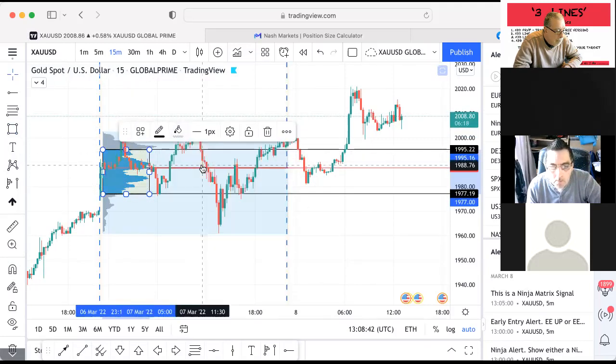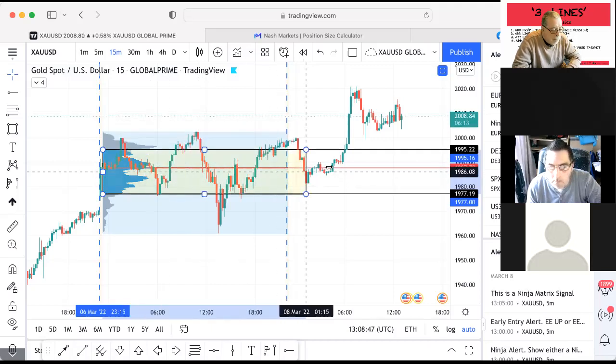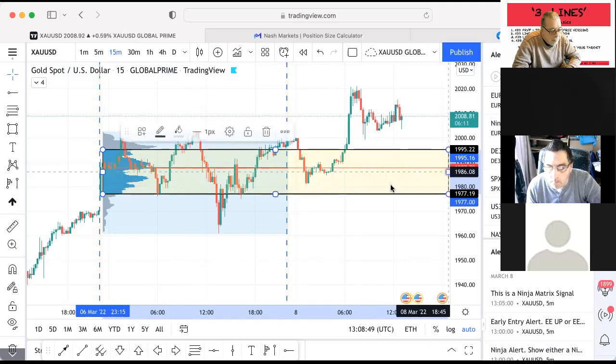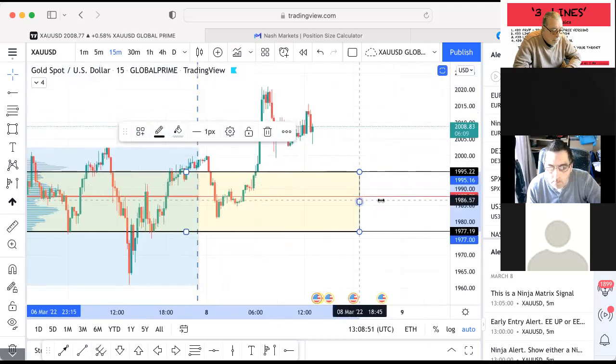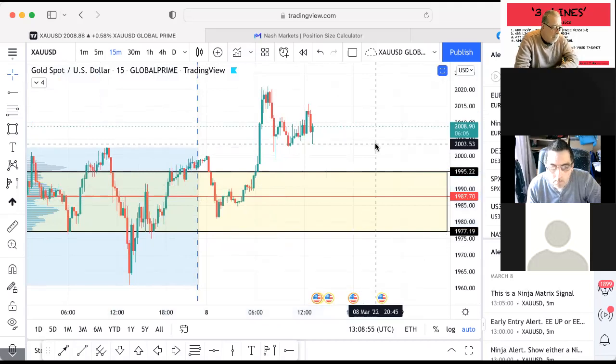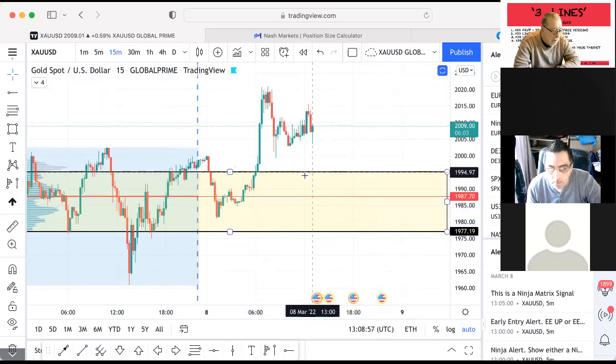I normally make that sort of a pale yellow, and if I drag it across, that defines what we call the field of play. So we've got the top of the field of play, the bottom of the field of play, and the POC.